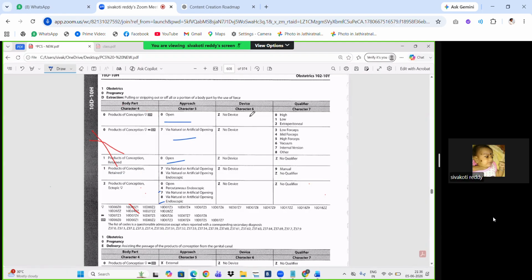Then they are not using any device. Then higher, lower, extraperitoneal, or vacuum assisted, or high forceps, mid forceps, low forceps. They will give clearly how they are done. What does this high, low, and extraperitoneal mean, sir? That is the procedure part. While they are performing C-sections or forceps, what they are using, they will give here.